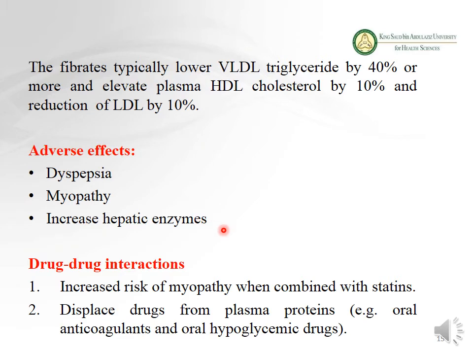It can increase the hepatic enzymes, and that can increase the metabolism of certain drugs. However, with anticoagulants, it can displace the protein binding of anticoagulants like coumarin, so that will lead to more free form of the anticoagulant in the blood and will increase the anticoagulant effect.